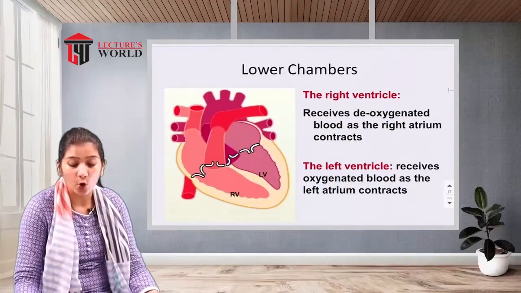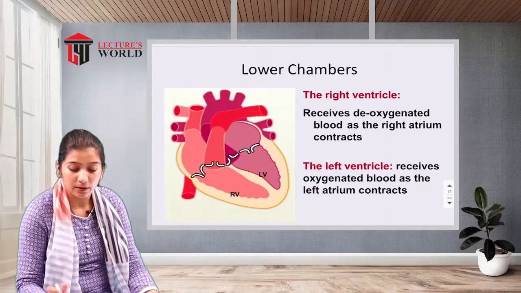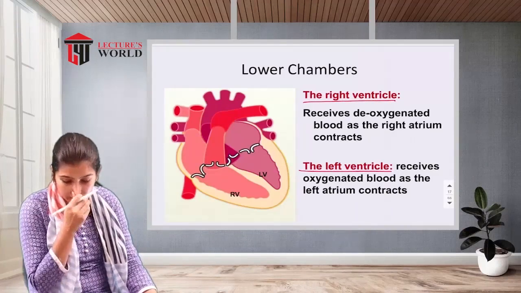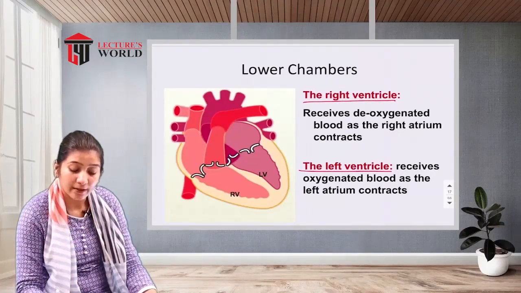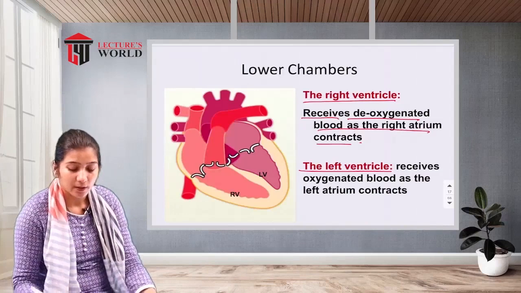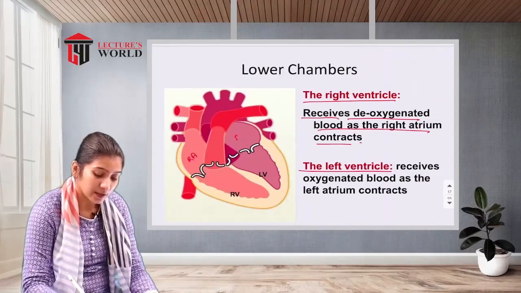Next are the lower chambers. So what is the function of the lower chambers? The right ventricle and the left ventricle. The right ventricle receives deoxygenated blood as the right atrium contracts. So this is the right atrium and this is the left atrium.